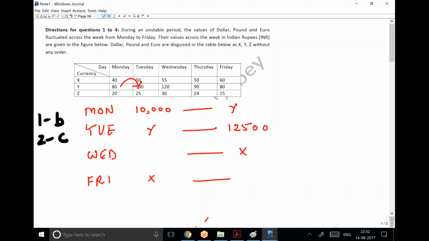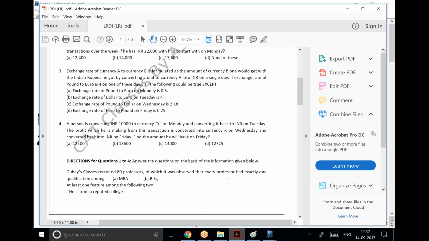So 10,000 will increase and become 12,500. What exactly are they saying? They are not investing 12,500. They are investing whatever amount they have earned, the profit he is making from this transaction, converted into X on Wednesday.